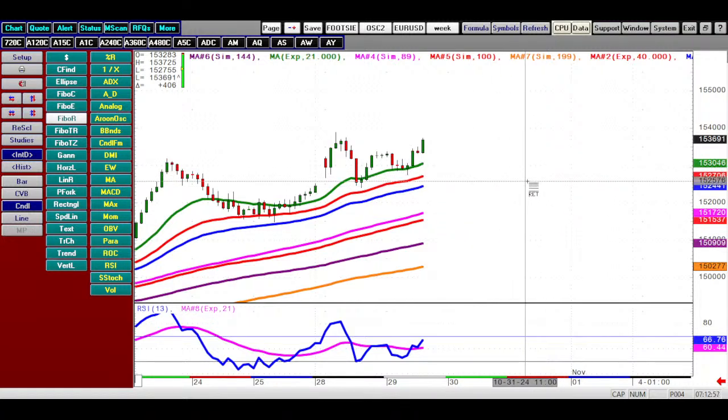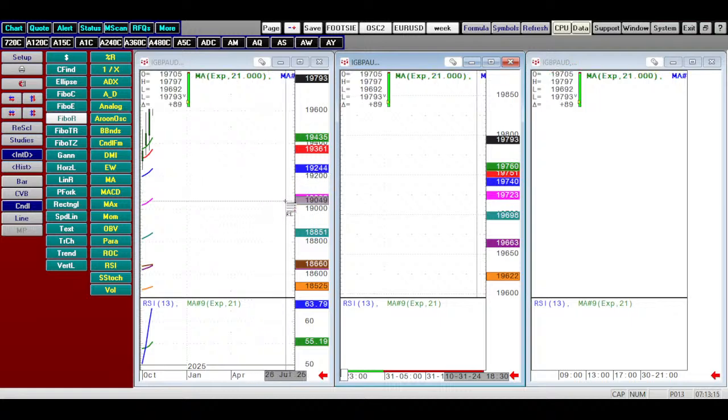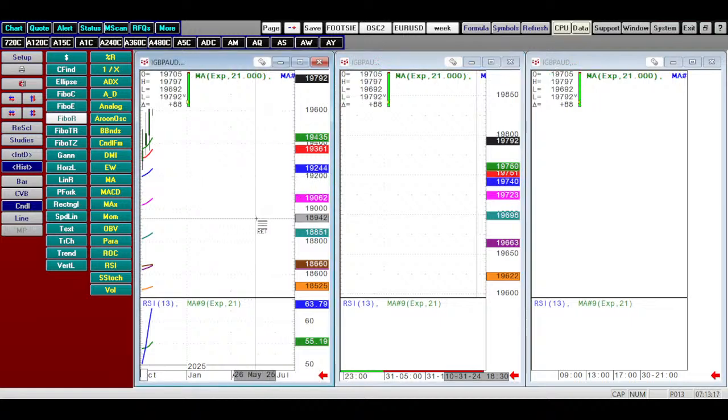Okay, now next one is we are trying to enter euro yen. Okay, euro yen, let me pull the chart, then we see whether, okay, euro yen.